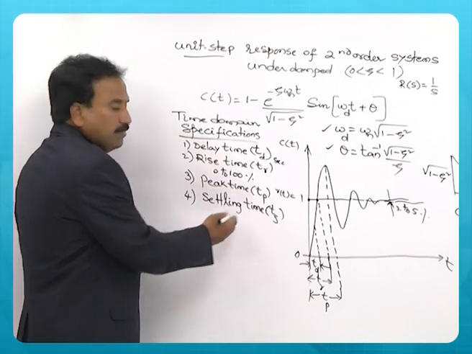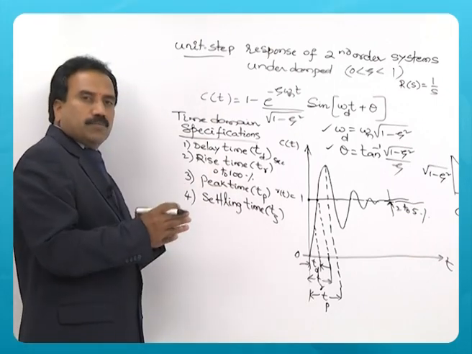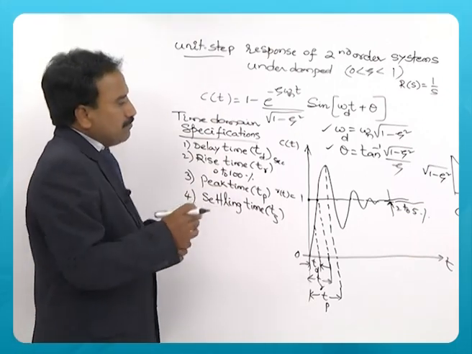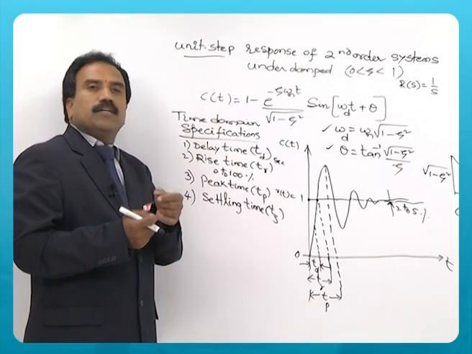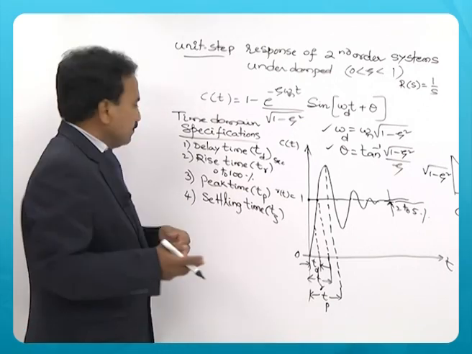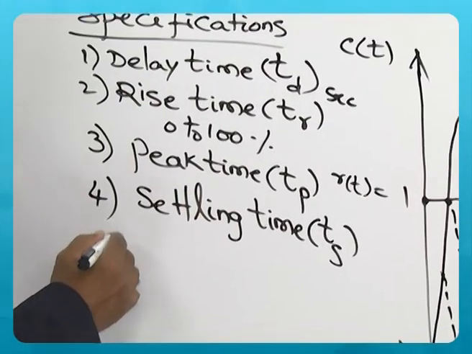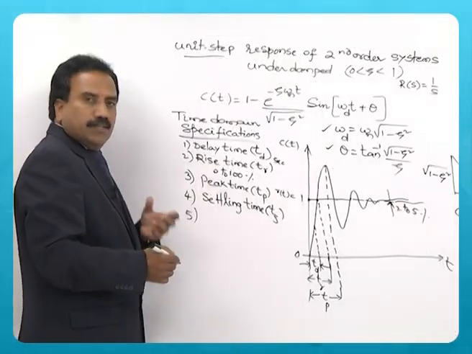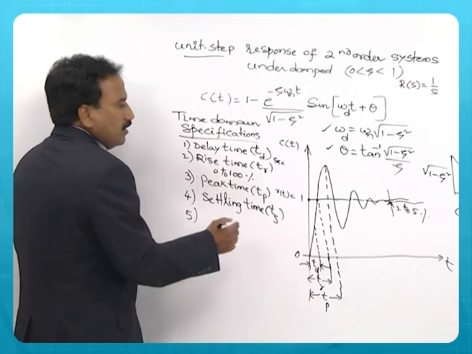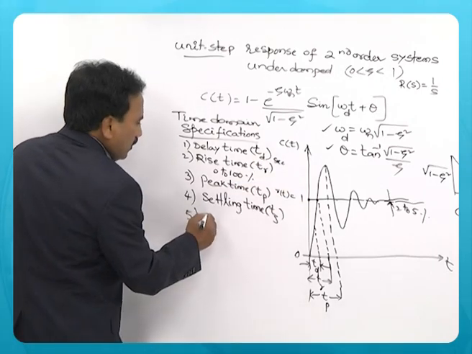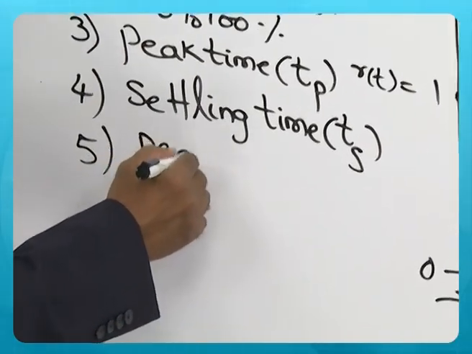So, settling time is the time required for the response to reach and stay within the limits, that limits are 2 to 5%.